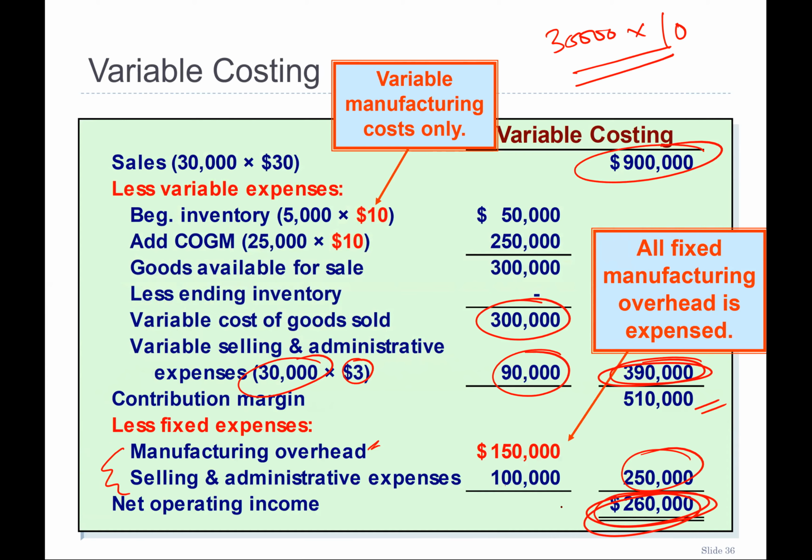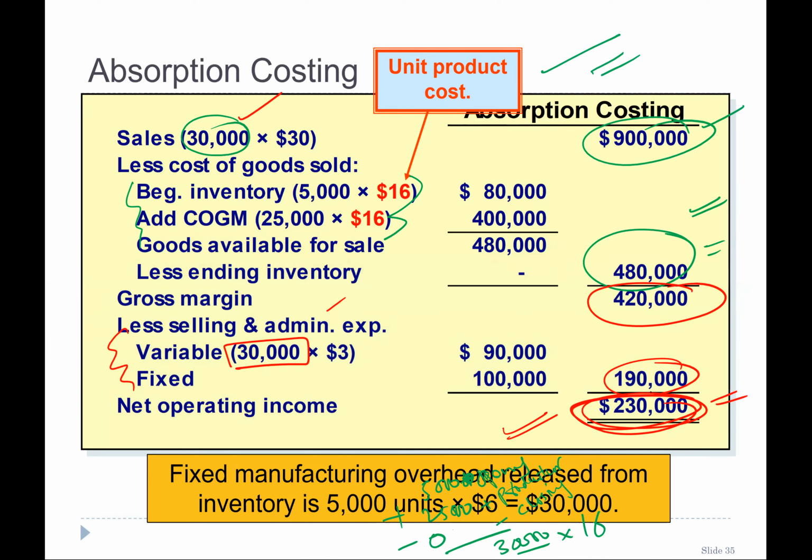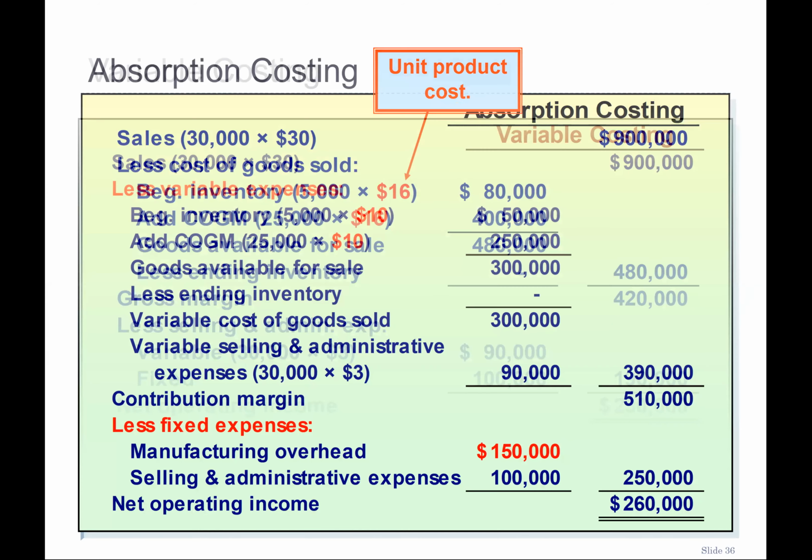In the first year, when we had ending inventory, our variable costing profit was less than absorption costing. But now when we do not have any ending inventory, the variable costing profit is higher than the absorption costing. 230,000 is the absorption costing profit, right?